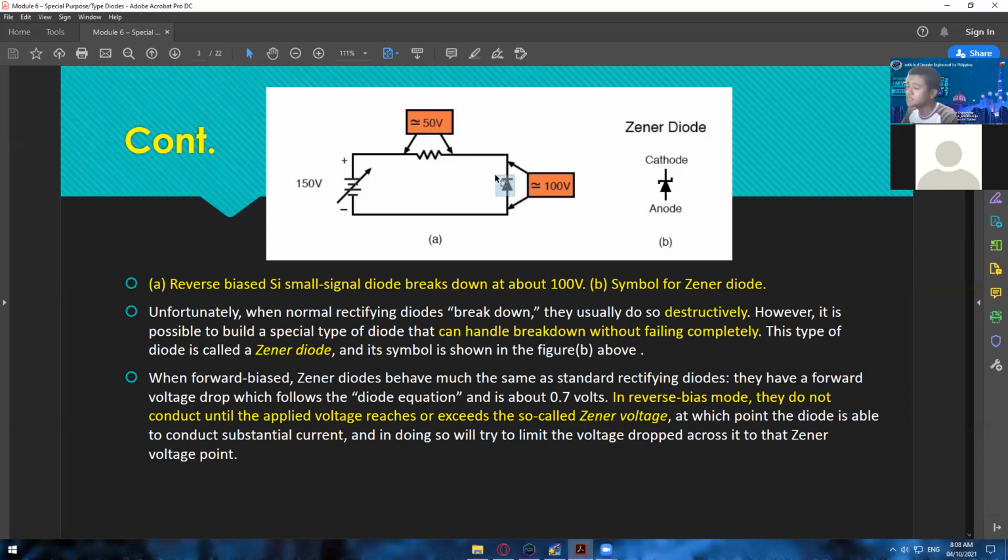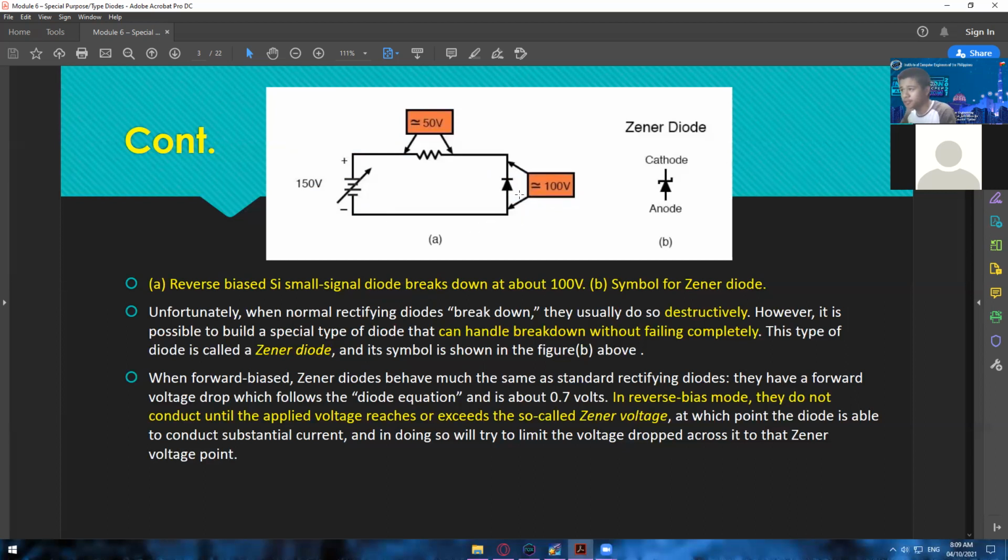So it's the same as the other diode. We have a 150 volt voltage source, a resistor, and then a diode. This will only start to conduct once it reaches the rated voltage, which is 100 volts, or at least equal to 100 volts. Then it will start permitting a current.